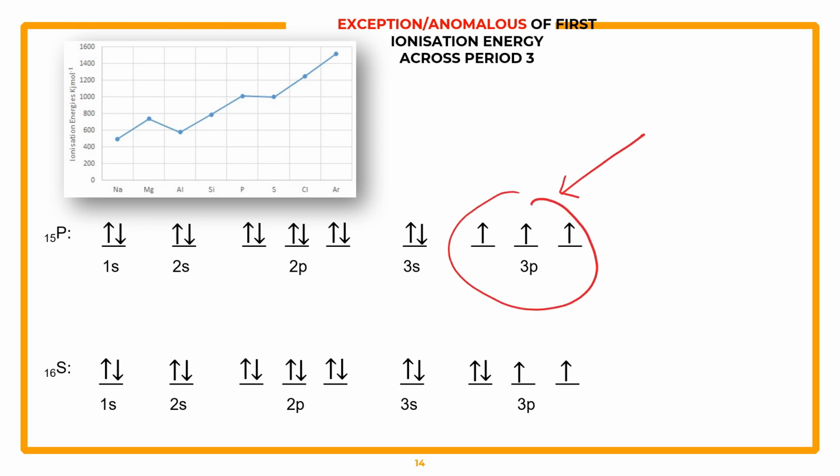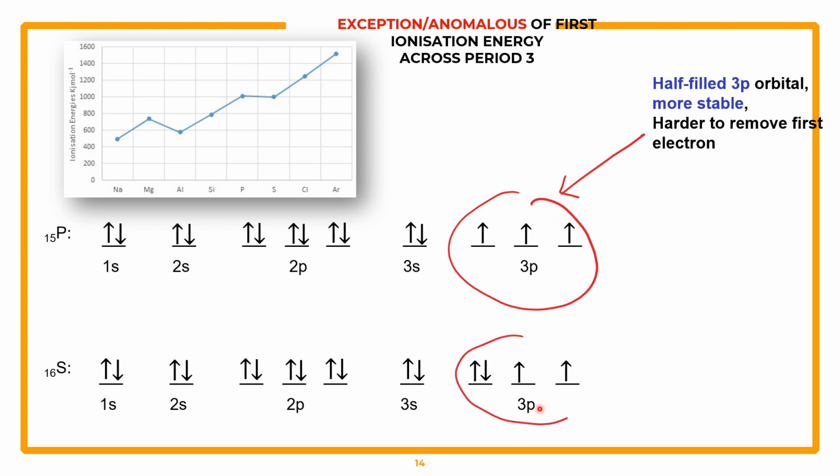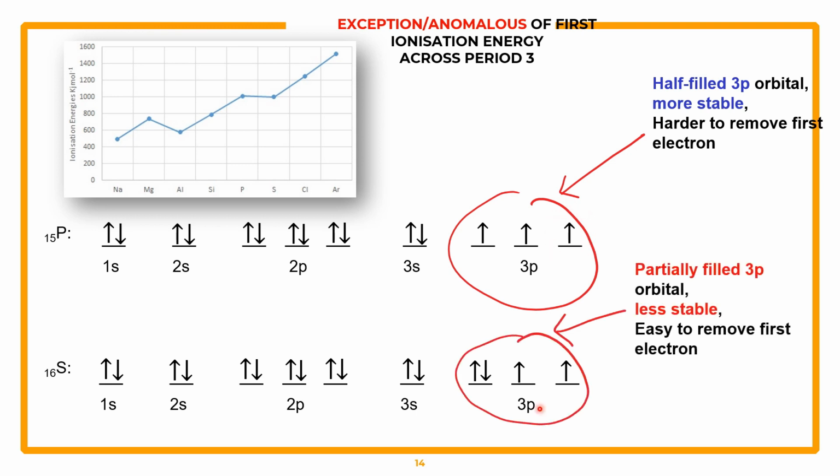Here in the 3p of phosphorus, this arrangement we call a half-filled 3p orbital, which is more stable. So it will be harder to remove the first electron in phosphorus. Meanwhile, in sulfur, at the 3p orbital we have 4 electrons. This arrangement is so-called partially filled 3p orbital and it is less stable. So it is easier to remove the first electron from sulfur.